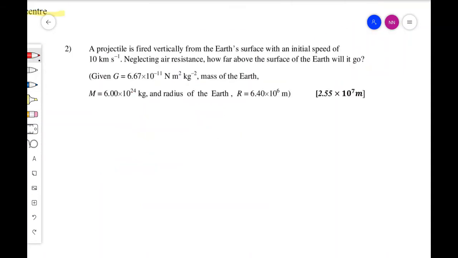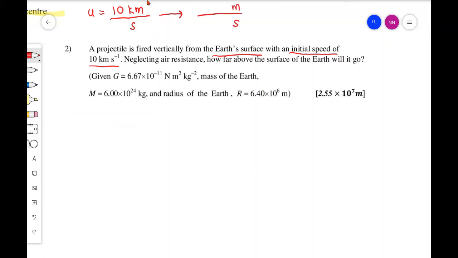Number 2, a projectile is fired vertically from the Earth's surface with initial speed of 10 km per second. So ini adalah initial speed. Okay, initial speed u ni dalam unit kilometer per second, 10 kilometer per second. Ni bukan SI unit, so kena tukar kepada SI unit iaitu meter per second.